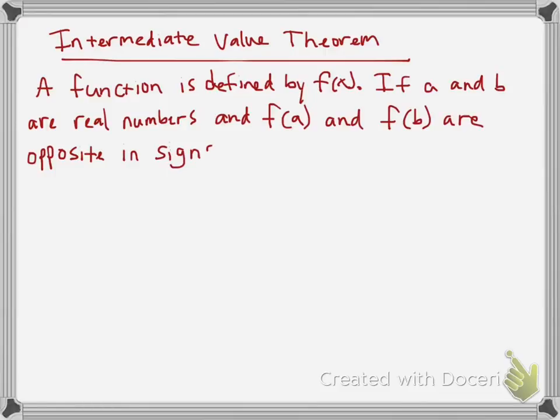Now remember, f of a just means I evaluated my function at that a value, and f of b is I evaluated that function at that b value. So maybe a was negative 2 and b was 7. I plugged in negative 2, I plugged in 7, I got some y values on return. And basically it's saying that your y values are going to be opposite in signs.